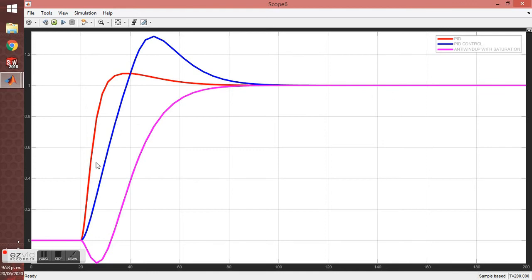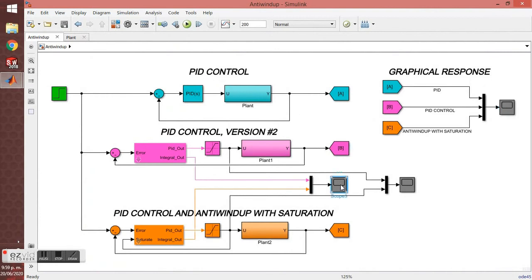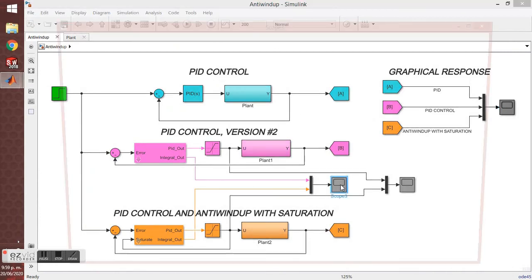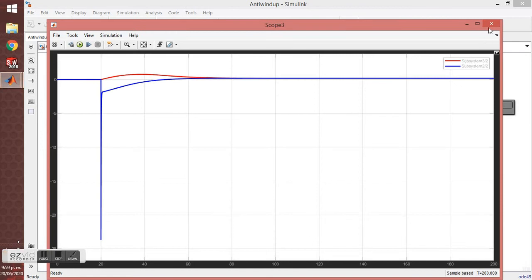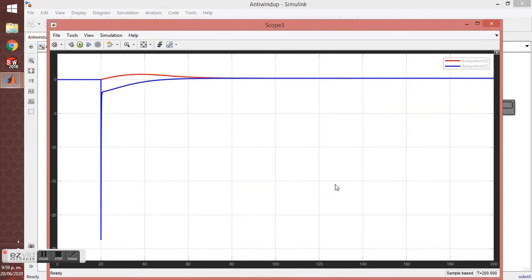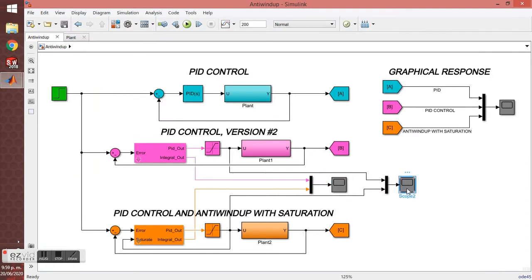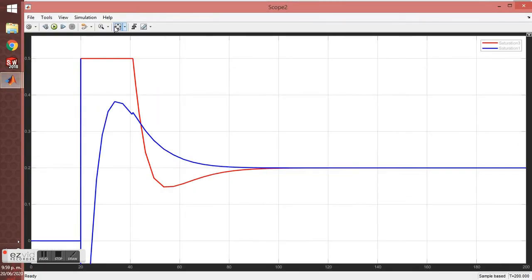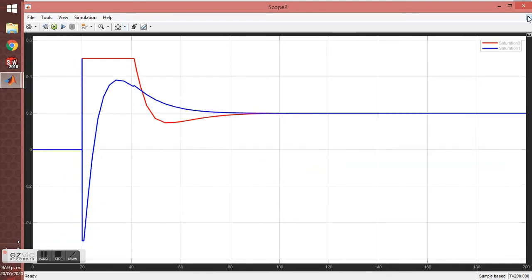We can see in all the cases we get 1 as a result, and it means that the controller has a very good response. Here we can see a graphic for the saturation. Sorry, it was for the integral. This graphic is for the integral, and the saturation graphic is here. Can we see? Yeah, perfect.